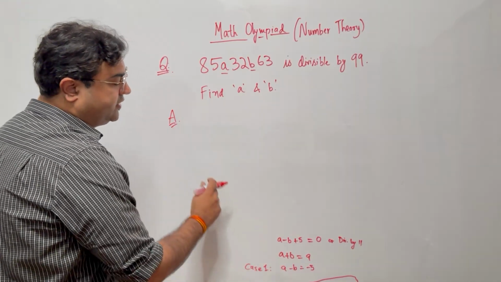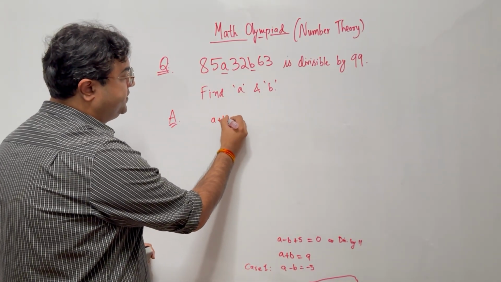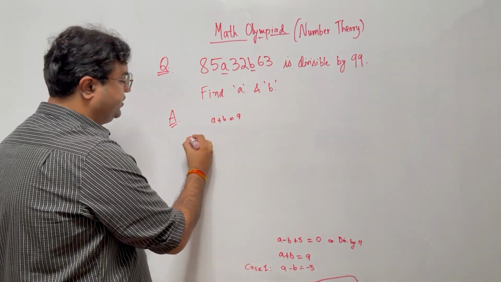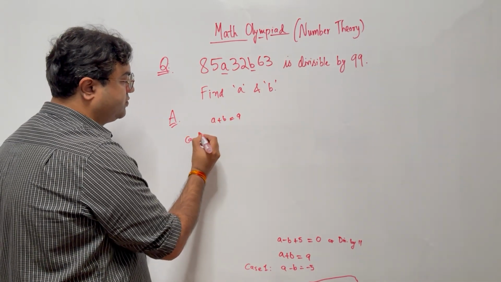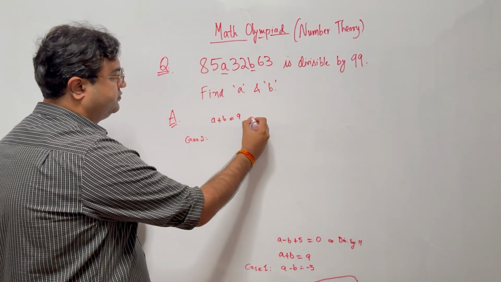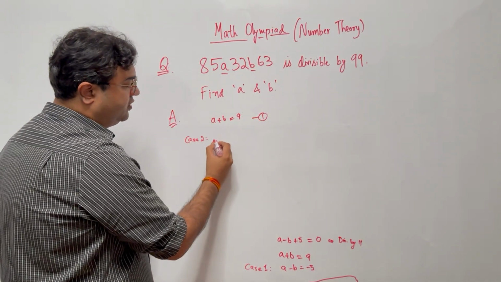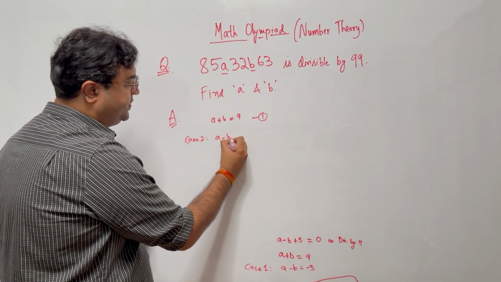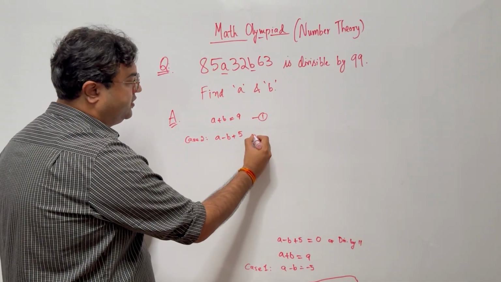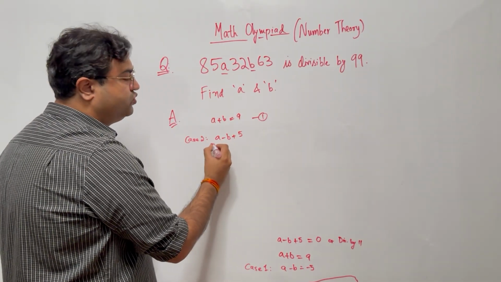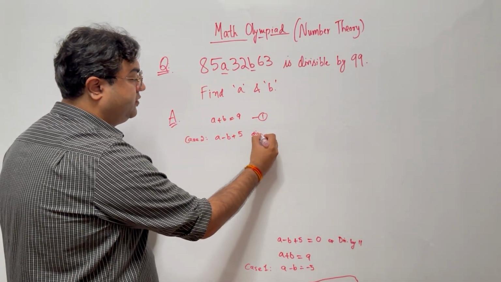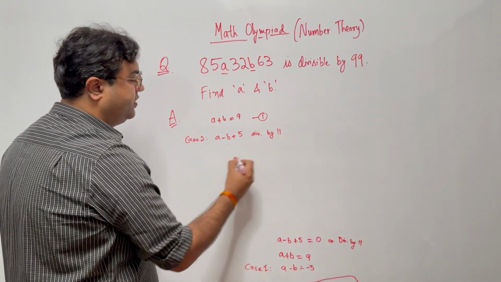Now let's consider the other case where we know that A plus B is equal to 9. For case 2, A minus B plus 5 should be divisible by 11.